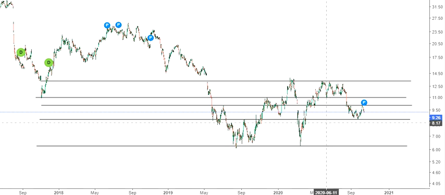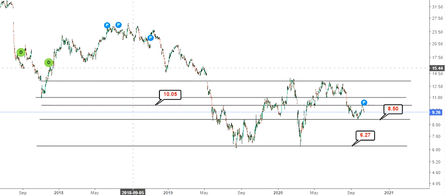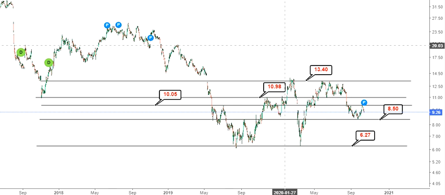For the short term, you have your first support at $8.5, and below that you have your big support at 6.27 on the downside. On the upside you have your first target or resistance at $10.05, then you have 10.98, and on the higher side you have $13.4. So this is the current range inside which the stock is currently trading.